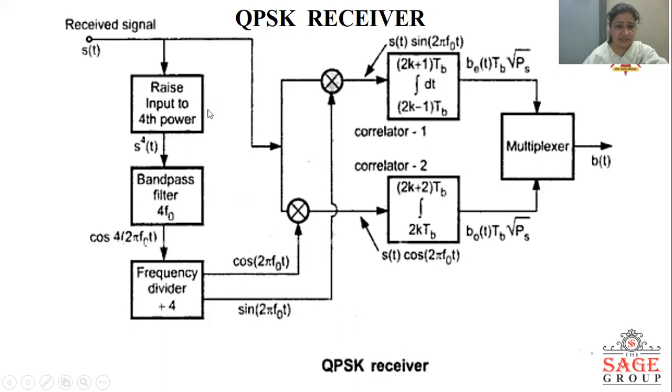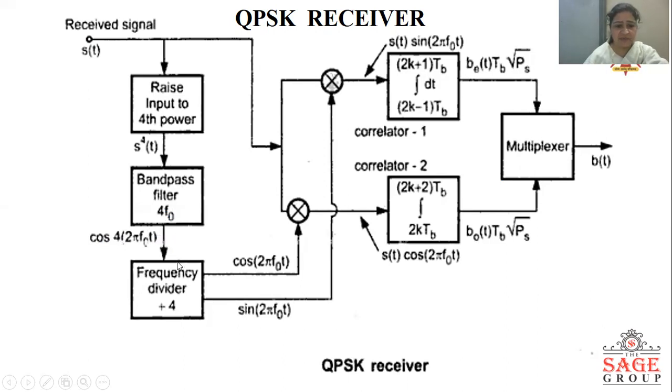In the carrier recovery circuit, we have three components. First, we take the received signal and raise it to the fourth power, so we get s raised to power 4 of t. Then this signal is given to the band pass filter, which operates at a center frequency of 4f0. That means it selects the signals at 4f0 and rejects all others. So here we get cos 4 times 2 pi f0 t or sin 4 times 2 pi f0 t, and all other frequencies are rejected.